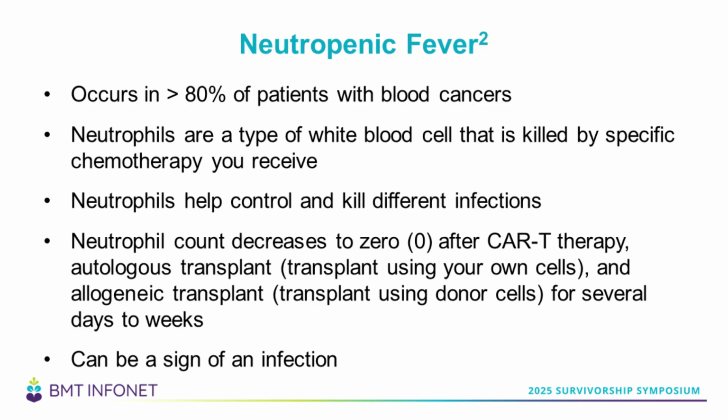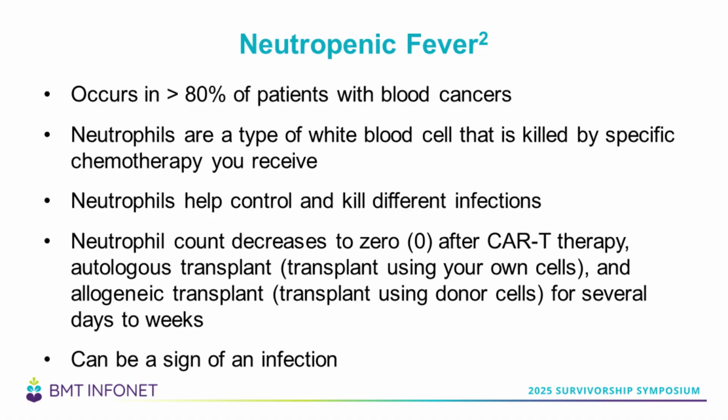So the first phenomenon that I really wanted to speak to all of you about is what's called a neutropenic fever. A neutropenic fever is often the first sign of an infection in a patient who has undergone CAR T therapy, autologous transplant, or allogeneic transplant.